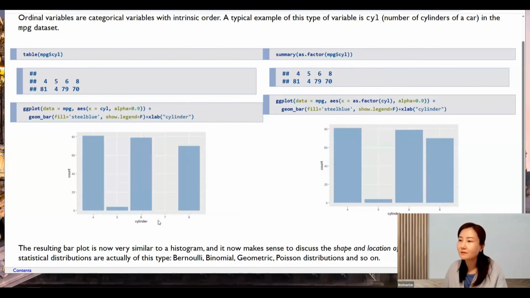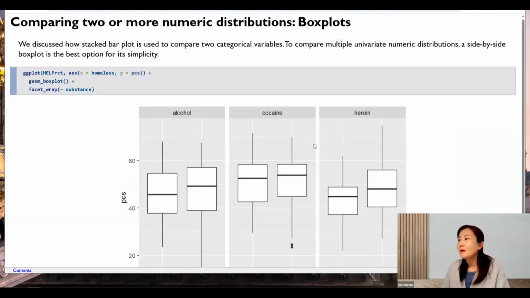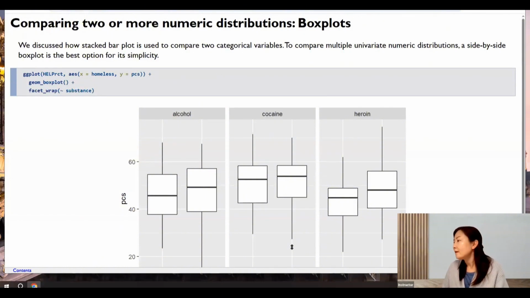It will not consider 7 or other values. And then we have a bar graph like this. Okay, so this is more appropriate for discrete numeric variables. Just pay attention to that. And then let's move on to the next group of data.